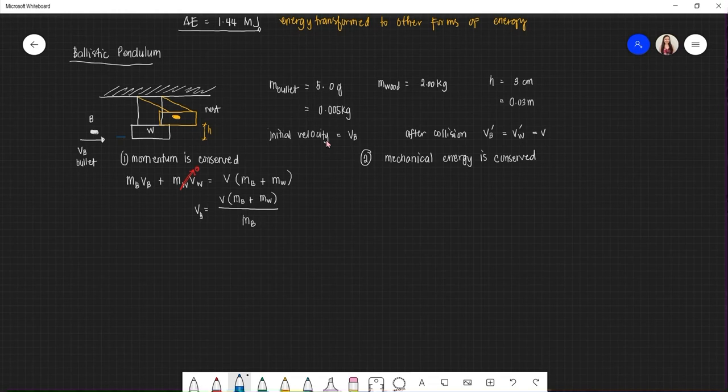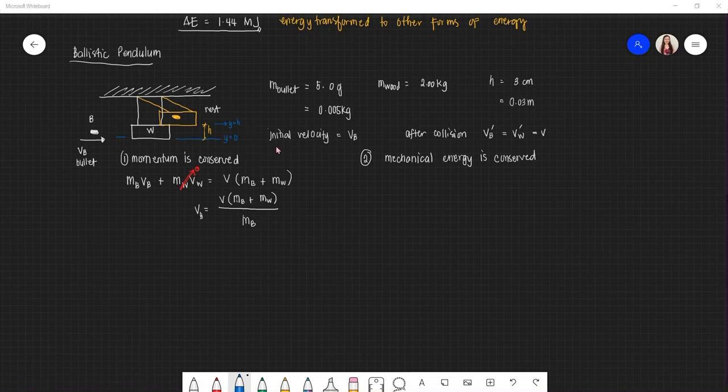This is the point of reference, kani siyang point. So y here is equal to 0. That is the point of reference. So when the pendulum hangs vertically, y is equal to 0, and y is equal to h, pag abot niya diri sa maximum point, wherein ni-rest kadiyot si pendulum.